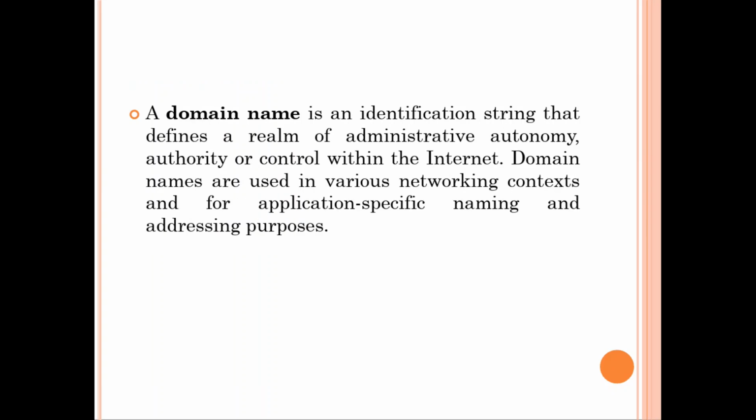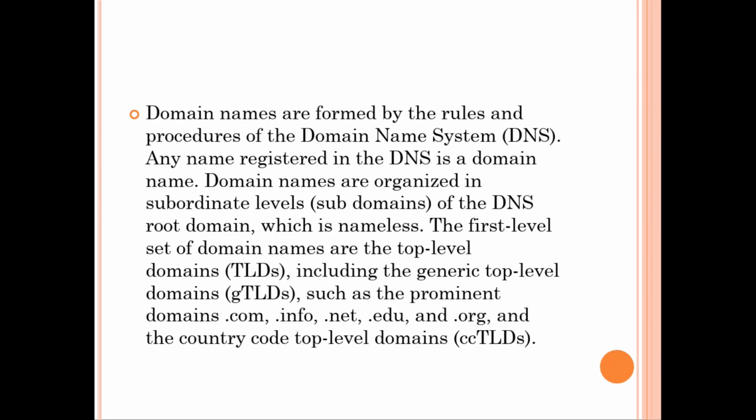A domain name is an identification string that defines a realm of administrative autonomy, authority, or control within the internet. As domain names should be unique, they are formed by some rules.